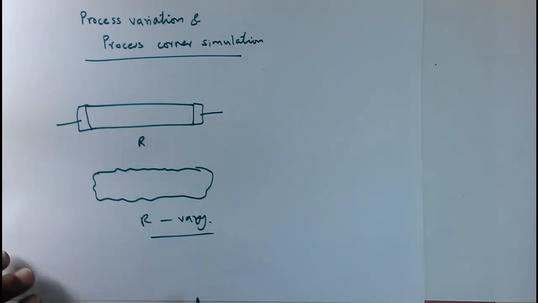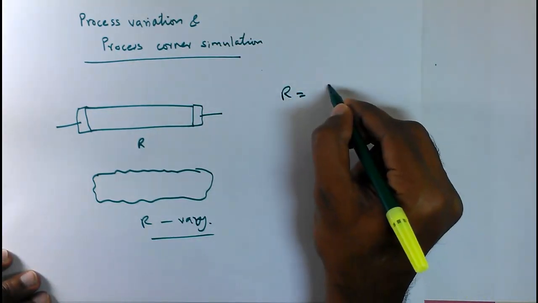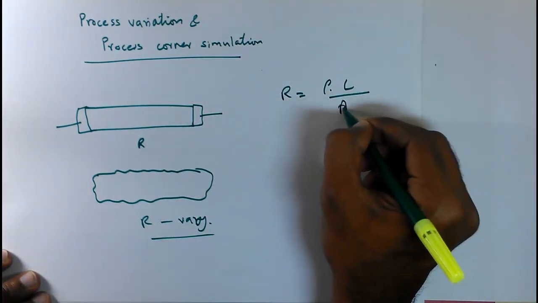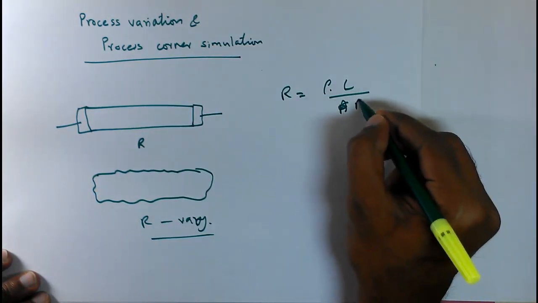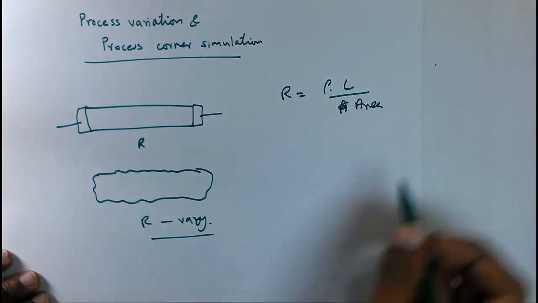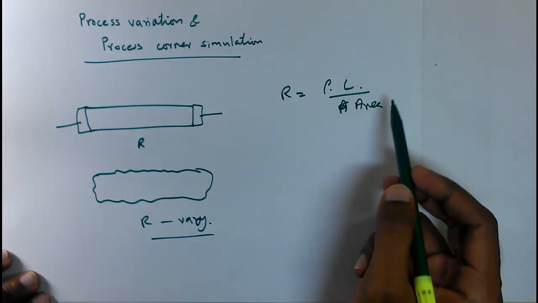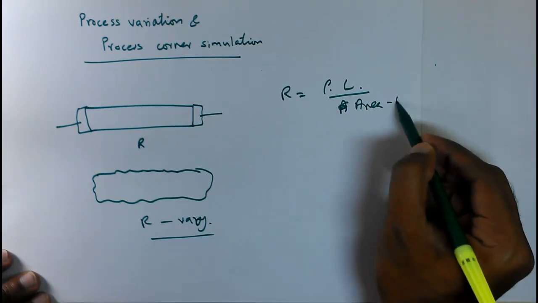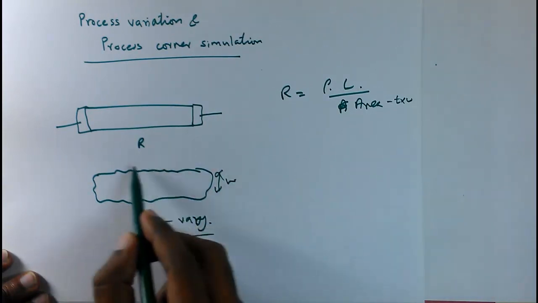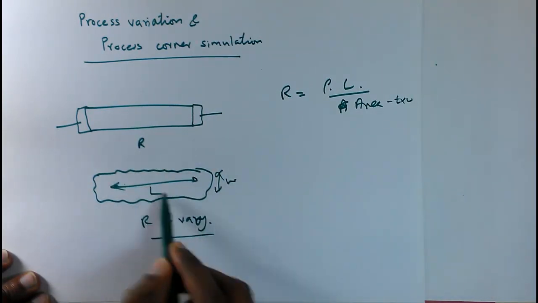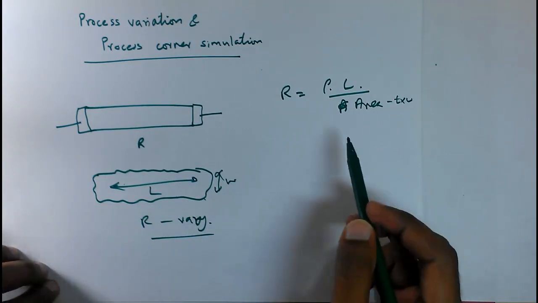We know the resistance R equal to rho into L by area is the equation for resistance. But the area is the thickness into width. So this is the width, this is the length, and thickness will be in the downward direction.